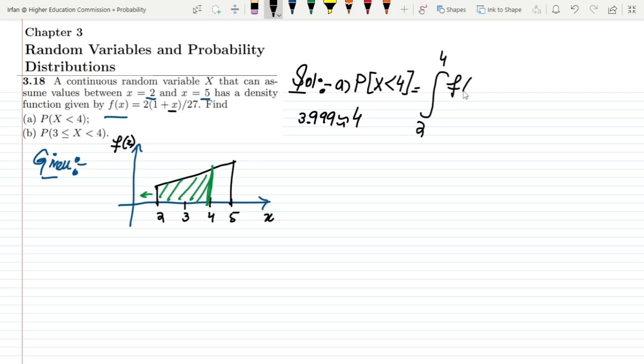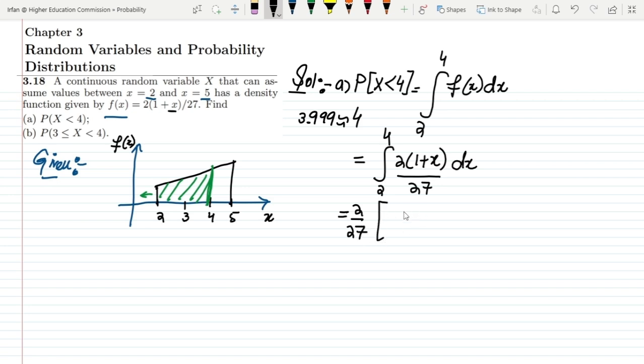So now I integrate all these values from 2 up to 4, with f of x dx. Putting in the value of f of x, which is 2 times (1 plus x) divided by 27, and dx. Now taking 2 by 27 out, we have the integral from 2 to 4 of (1 plus x) dx.